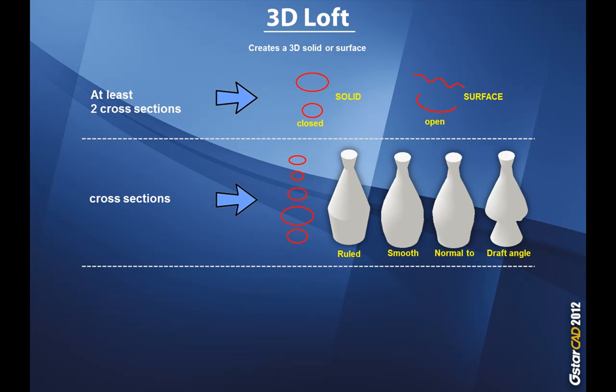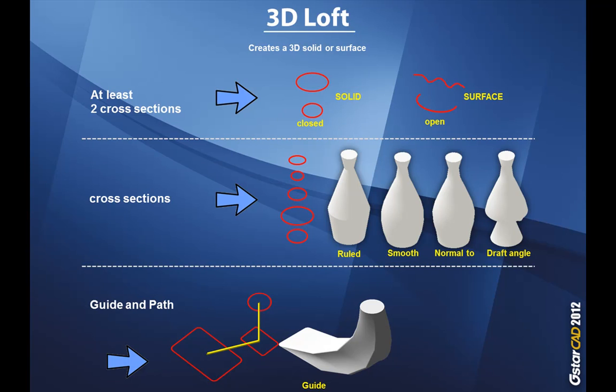What more options does it offer? You can do a 3D Loft by guide. You can have several cross sections and the guide. The guide in this case can be a single line or an arc. Then you can do 3D Loft by path.